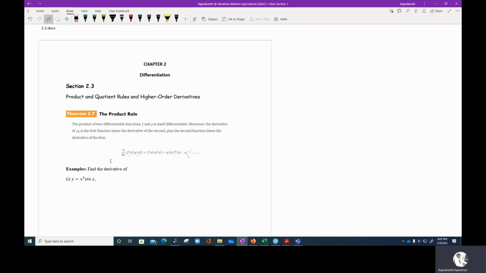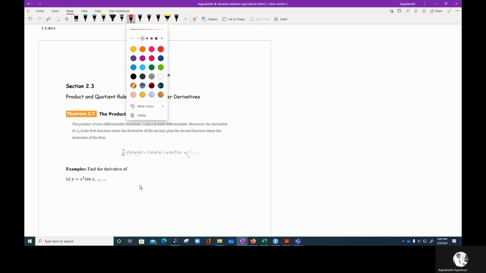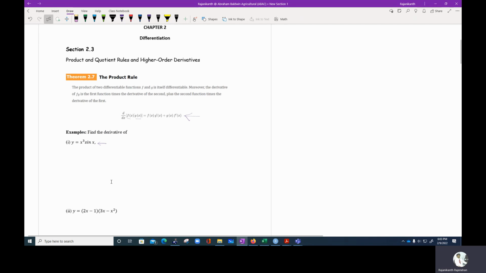So let me explain this product rule by looking at this problem. If you look at this given problem, example 1, you see there are two functions with the product sign. You're multiplying two functions.